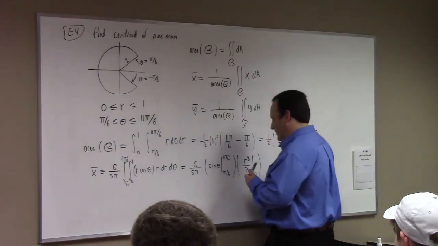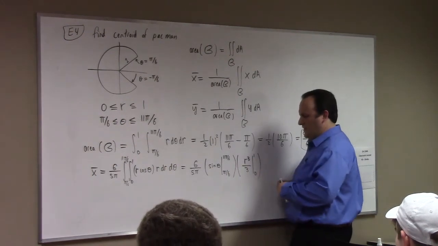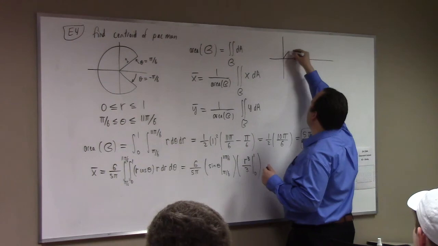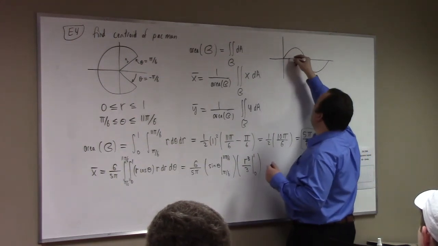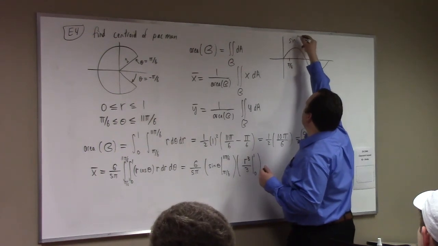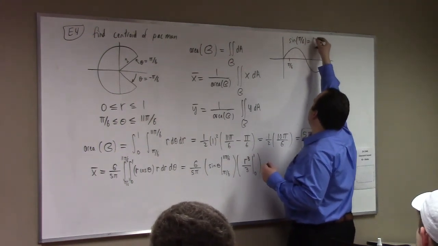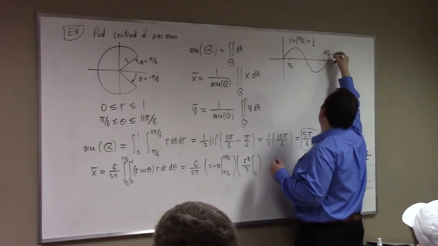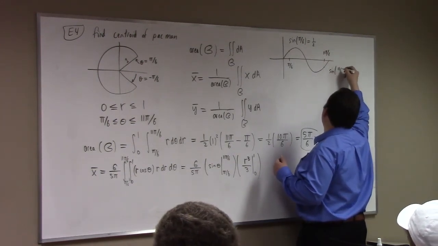So what's sine of 11 pi over 6? I had to think about this. Sine looks like this, right? So pi over 6 is here. Sine of pi over 6 is 1/2. So 11 pi over 6, sine of that.